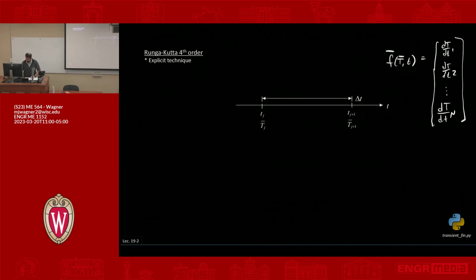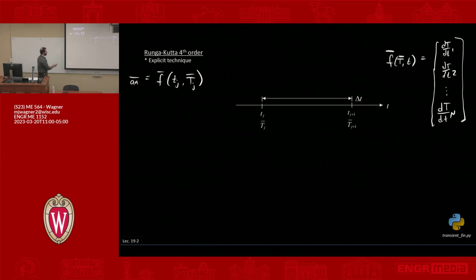So I'm going to make my first evaluation of all those derivatives at the current temperature, Tj, and at the current time, time j. I'm going to call that AA bar. AA bar is equal to my vectorized function evaluated at time j and at temperature vector j.